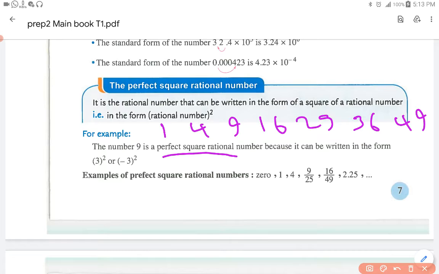Why? Because I can put it in the form 3 to power 2 or negative 3 to power 2. 3 to power 2 equals 9 and negative 3 to power 2 equals 9 also. Examples of perfect square rational numbers: I have many examples, like 1, 4, 9 over 25. Be careful, the numbers I said above are perfect squares, but they are natural numbers, while we are talking about rational numbers, like 9 over 25, 4, 1, also 16 over 49 and decimals like 2.25. All of these are perfect squares.